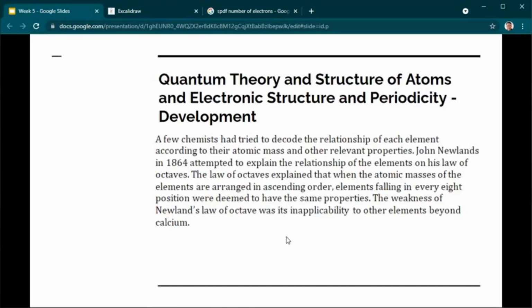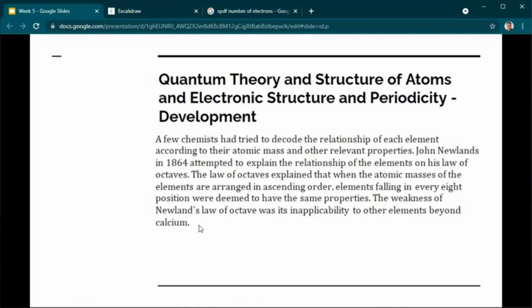A few chemists had tried to decode the relationship of each element according to their atomic mass and other relevant properties. John Newlands in 1864 attempted to explain the relationship of the elements in his law of octaves. The law of octaves explained that when the atomic masses of the elements are arranged in ascending order, elements falling in every 8th position were deemed to have the same properties.